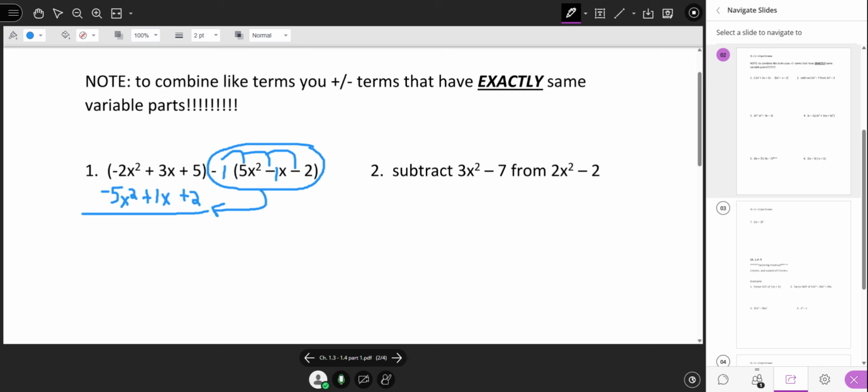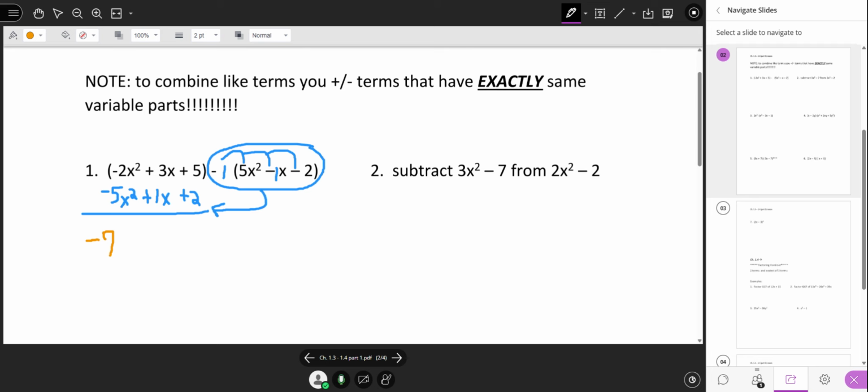If you owe and you owe, it's off to work you go because you owe. And you add them. So 2 plus 5 is 7. And since you owe, it's minus.